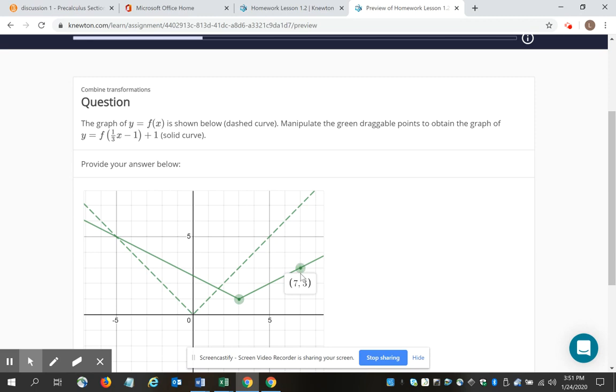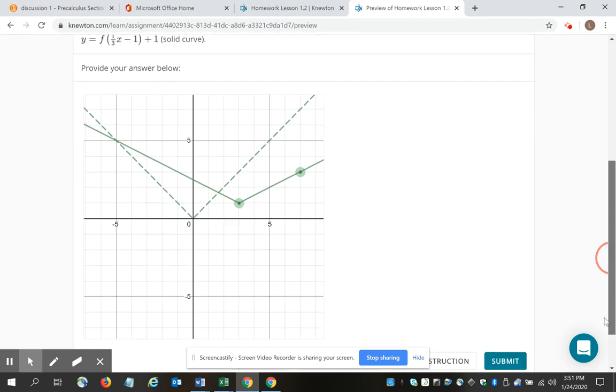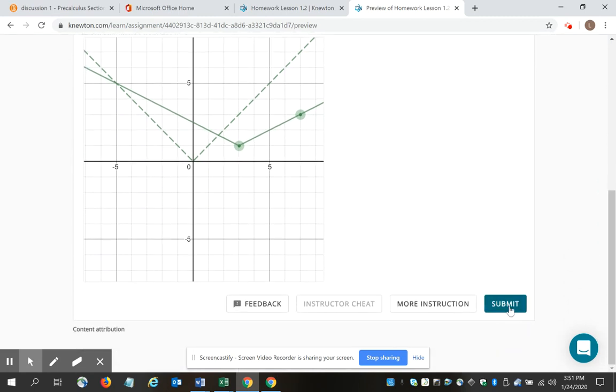Let's check yourself and see what kind of answer you get. So we have 1 over 3, so we're going to go up 1 and over 3. Okay, I think I got it in the right place. Give it a check.